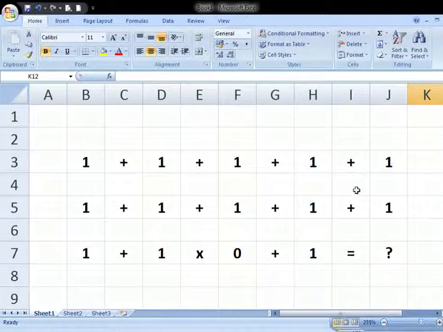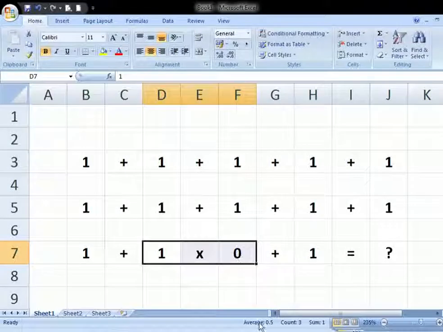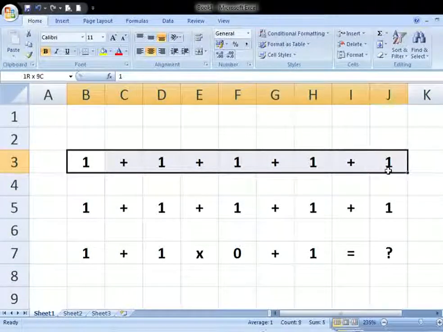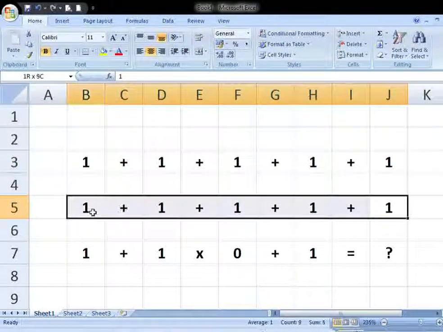So, in this problem, we have 3 rows of numbers, ones and 0s, and we have a multiplication sign between a 1 and a 0, and every other one has an addition sign between them.